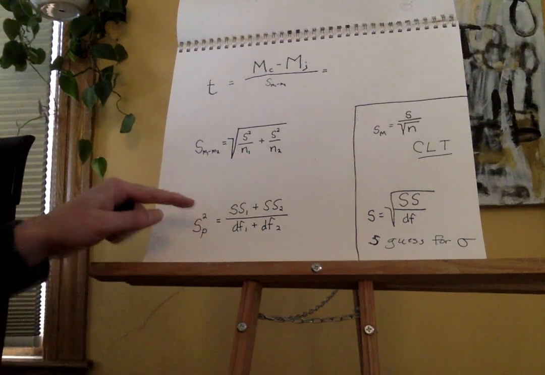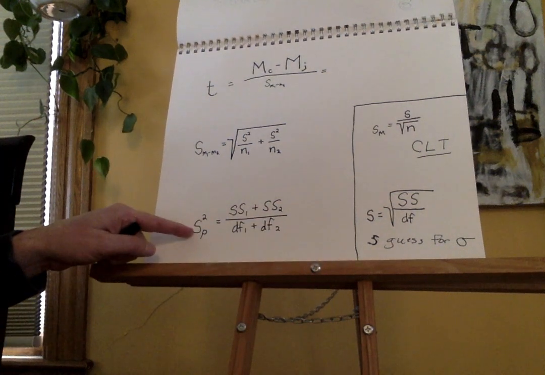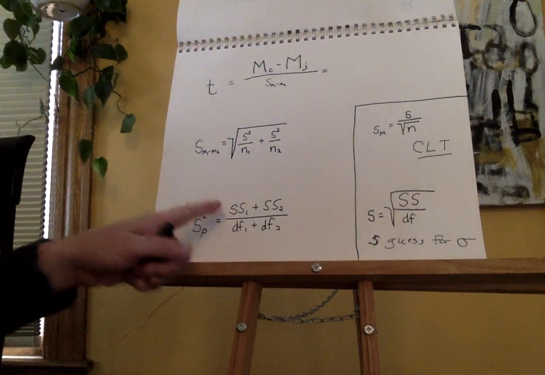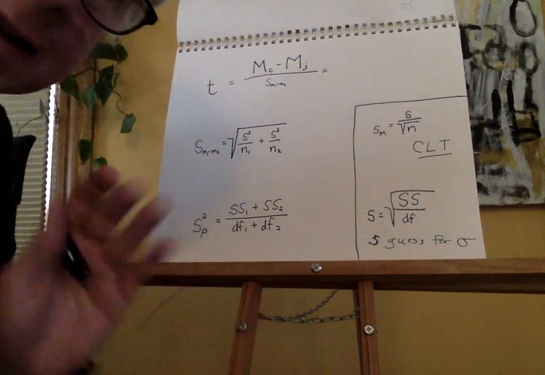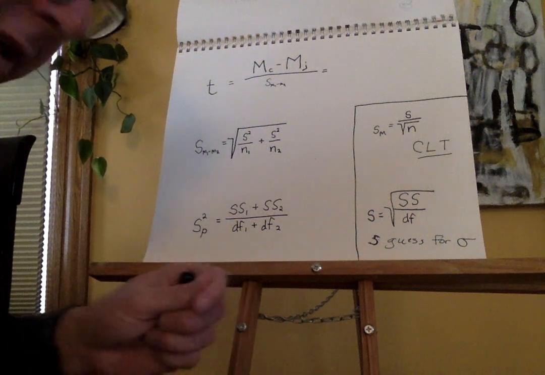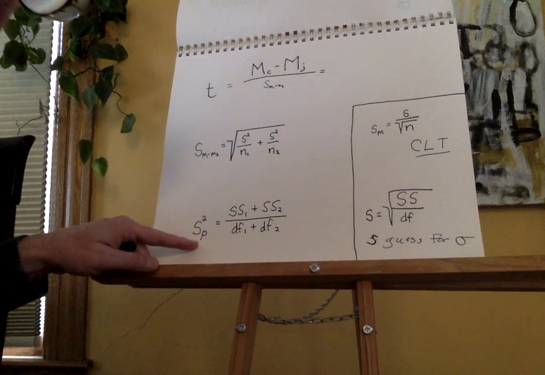Also, you'll see that instead of S, this is S squared, okay? So instead of taking the square root, we're going to not do the square root yet. We'll do it in the next step. It's the same thing, okay? But we're just going to wait until the next step to take the square root. So this is pooled variability. Make sure you take notes, okay?